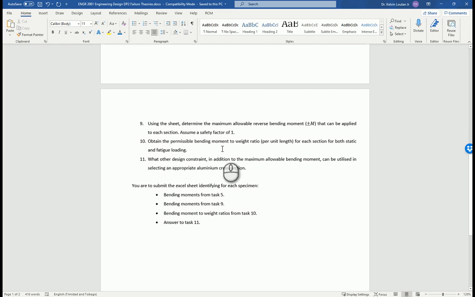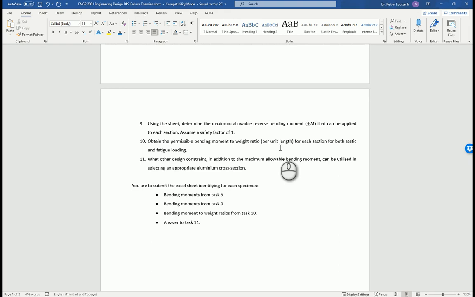Number 10: obtain the permissible bending moment to weight ratio per length for each section for both static and fatigue loading. So basically what you're doing is getting something like a strength to weight ratio, the permissible load to weight ratio. It's per unit length.